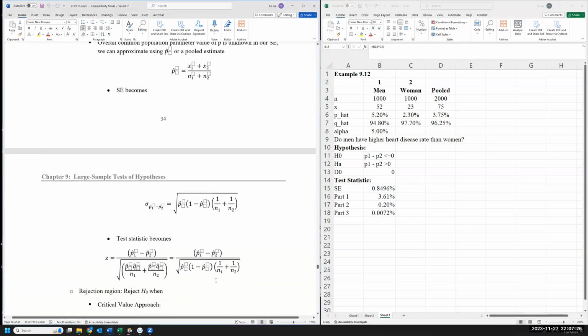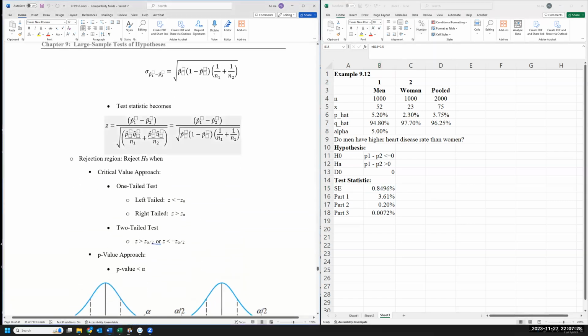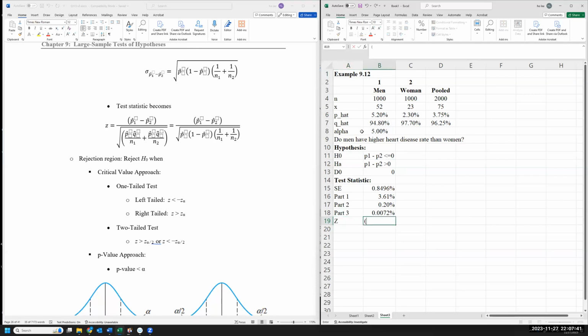Something like that. Okay, so the test statistic is the difference in the p hats divided by the standard error. So z is equal to 5.2% minus 2.3% divided by the standard error right here.